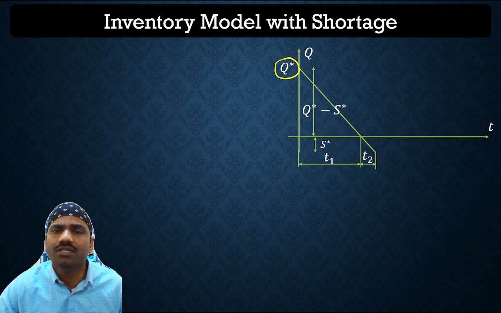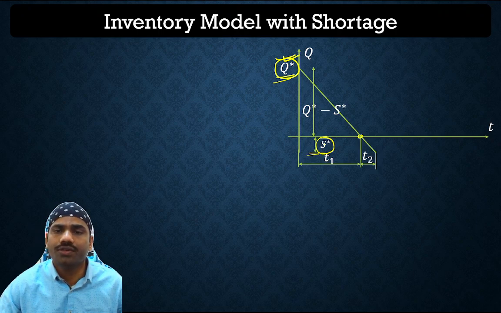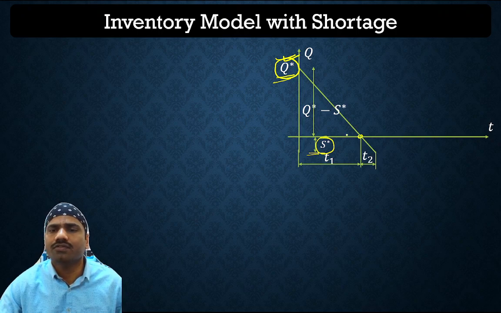When you supply this quantity, it is consumed, and at this time we don't have any quantity in hand, but there is a demand, and that demand will go as shortage. So initially you have Q star quantity, and finally you have shortage, that is S star.